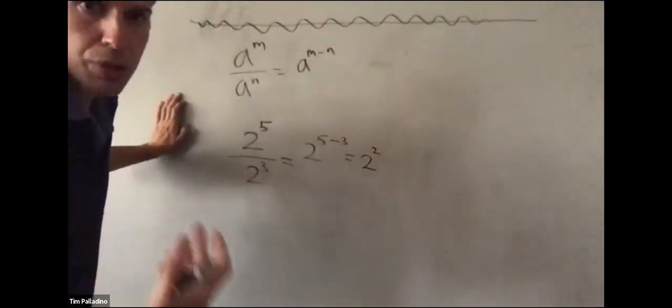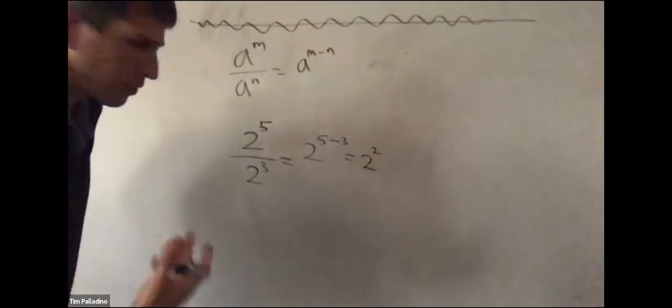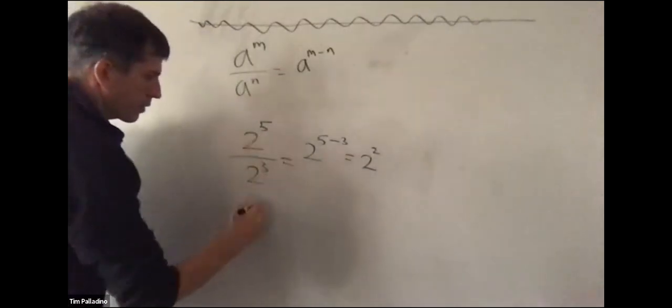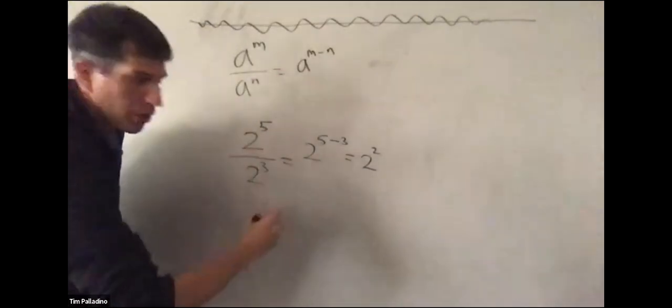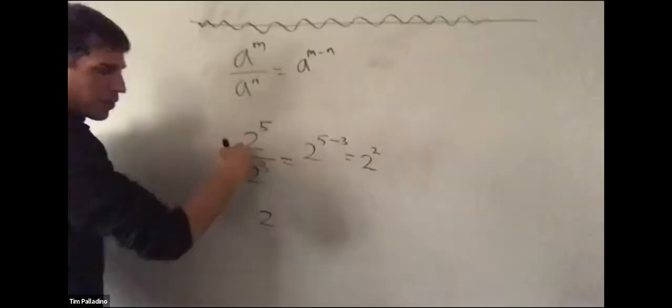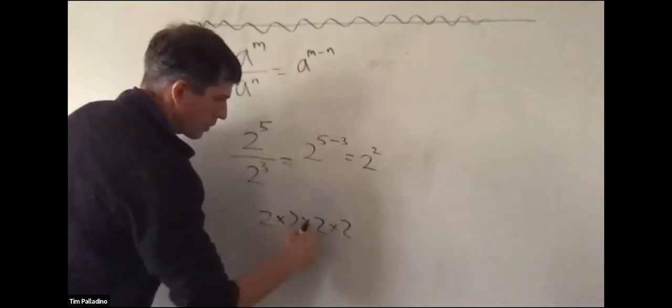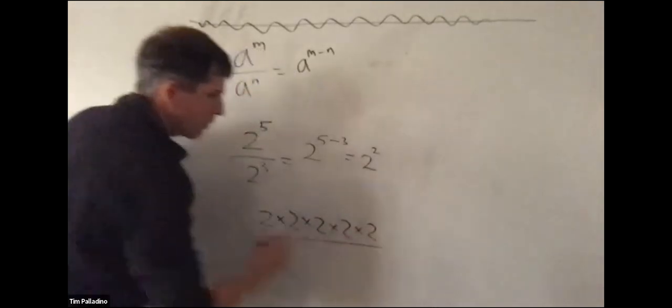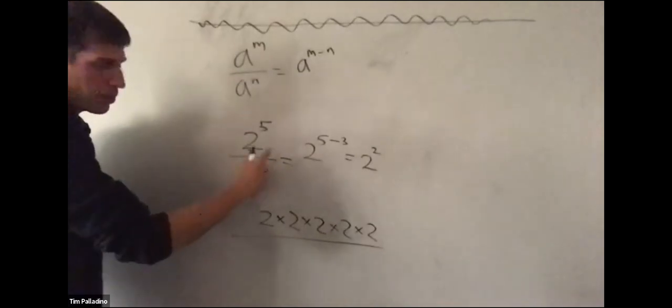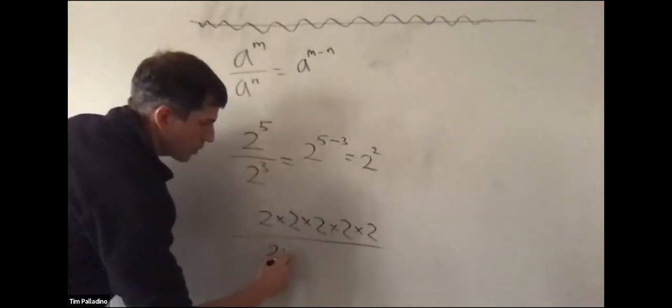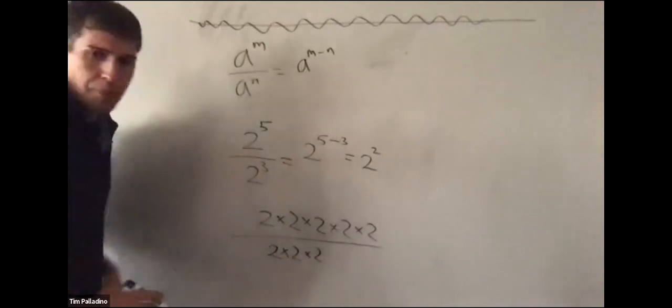All right. Let me give you a second way to make sense of this, a longer way to help you understand it more intuitively. 2 to the 5th power is 2 times 2 times 2 times 2 times 2, 1, 2, 3, 4, 5, divided by 2 to the 3rd power, which is 2 times 2 times 2.